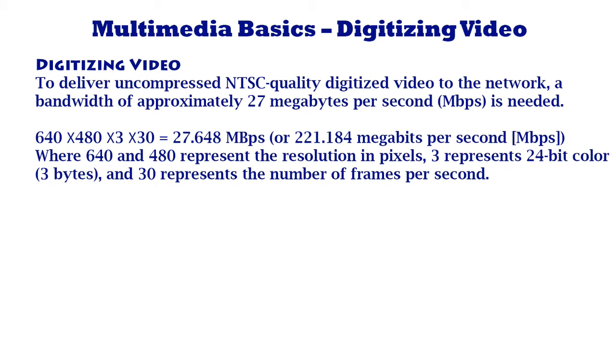In this equation, 640 and 480 represent the resolution in pixels, whereas 3 represents 24-bit color, that is 3 bytes, and 30 represents the number of frames per second.